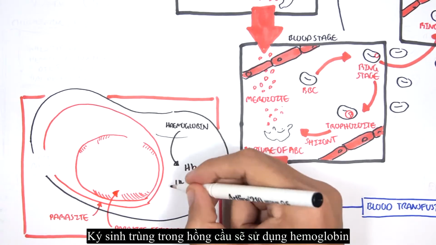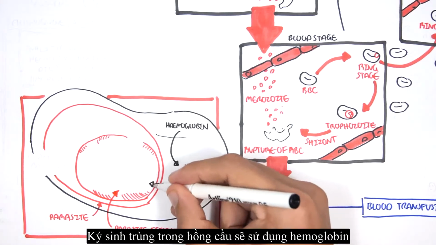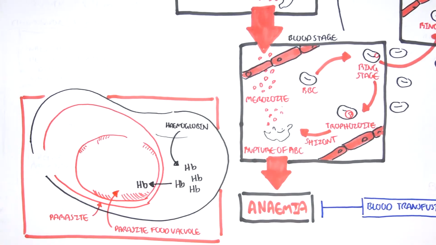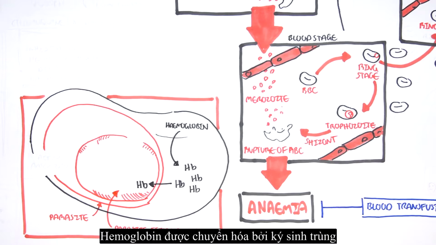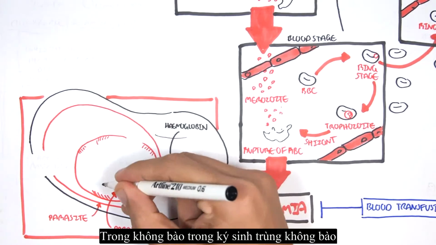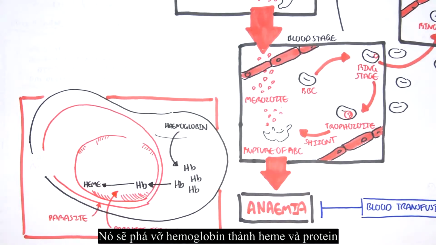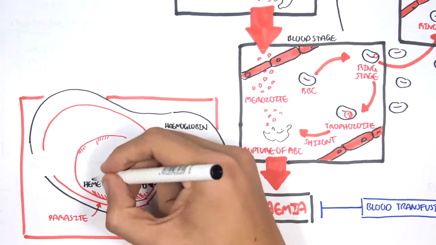Well, the parasite within the red blood cell will use the hemoglobin. The hemoglobin is metabolized by the parasite in the parasite's vacuole. It will break the hemoglobin into heme and protein. The parasite will use the protein for some purposes, but it's the heme that is important here.